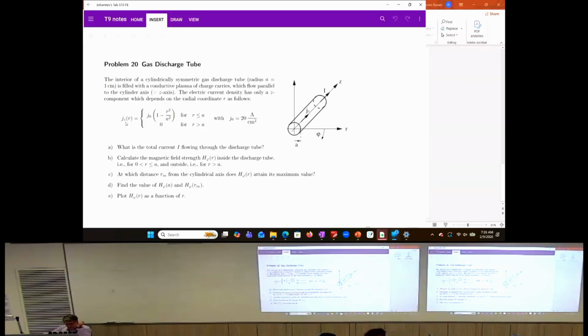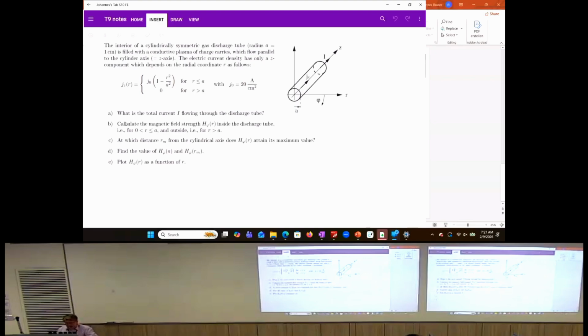For r smaller or equal to a, this current density is a constant J0 times 1 minus r squared over a squared. And that constant J0 is given as 20 ampere per square centimeter. And for the radius larger than a, your current density is vanishing.